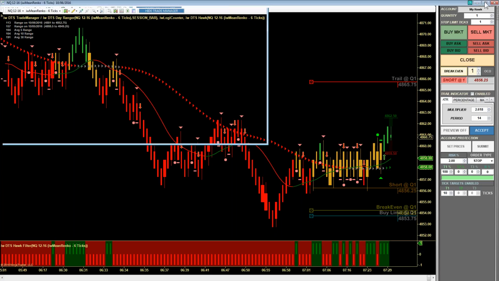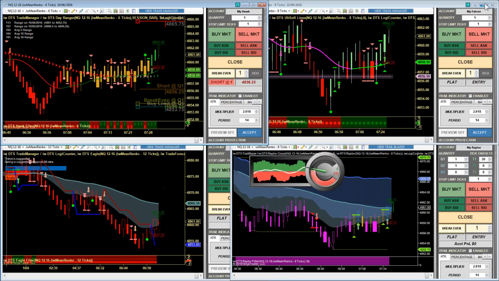Come on, sellers. I put my stop about where the hard edge on the Raptor is, or on the Eagle and the Raptor, the hard edge of the band.